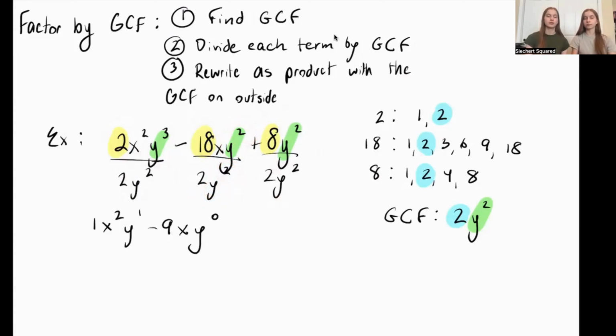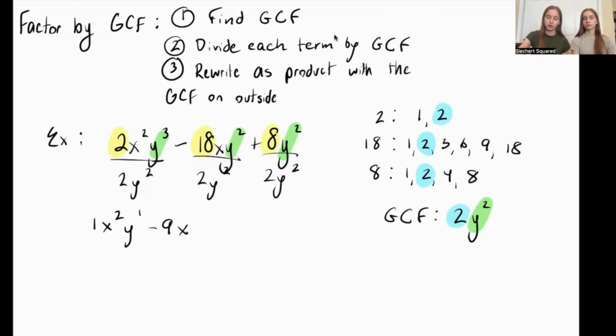Now, for that y to the 0, when you have that, you could leave it. I will say most people tend to not want to include the y to the 0 because that exponent of 0 is telling you how many times you're multiplying that variable. If you have y to the 0, that means that you are multiplying y 0 times, so you actually don't even have to include it.